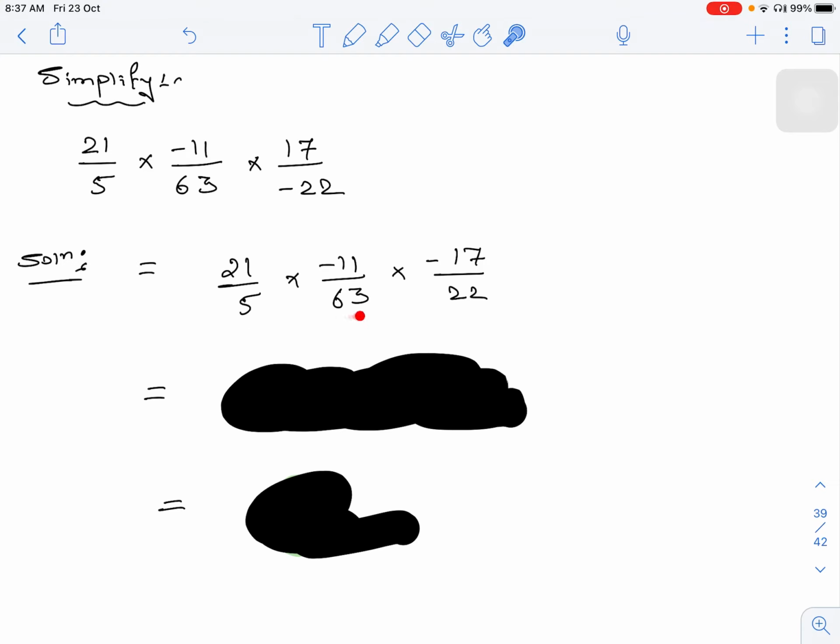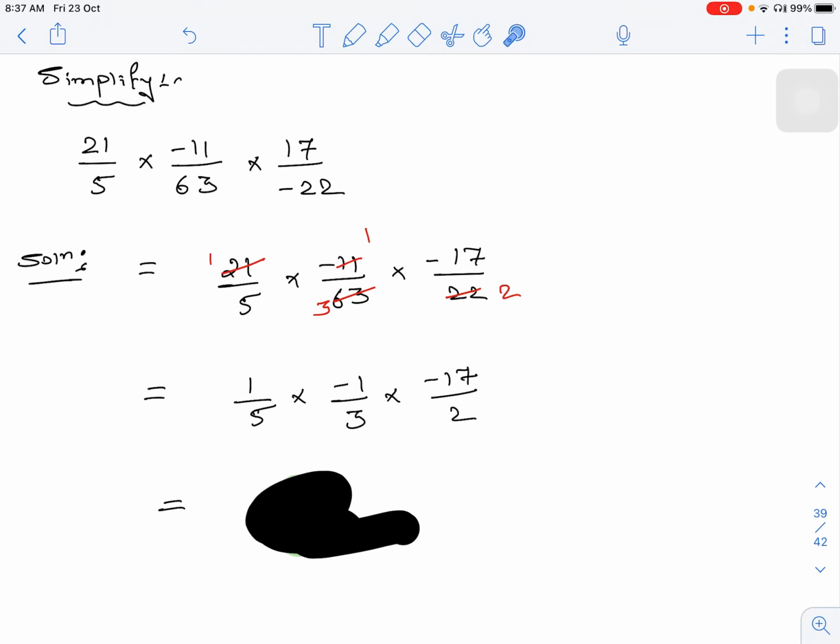Yes, this 63 can be cancelled by this 21. How can it be cancelled? 21 ones are 21, 3s are 63. Similarly, 11 ones are 11, 2s are 22. Now if you look at the remaining numbers, no other cancellation is possible. So next we write 1 upon 5 into minus 1 upon 3 into minus 17 upon 2.